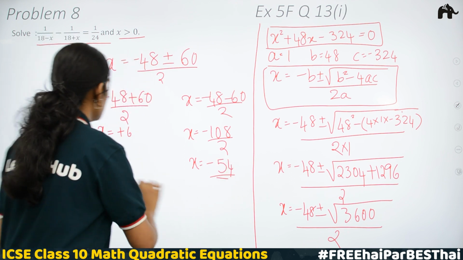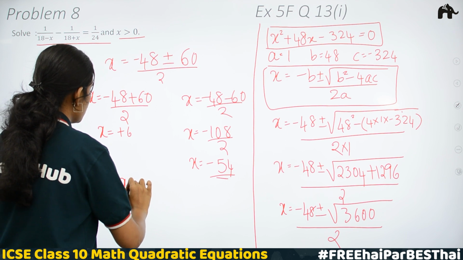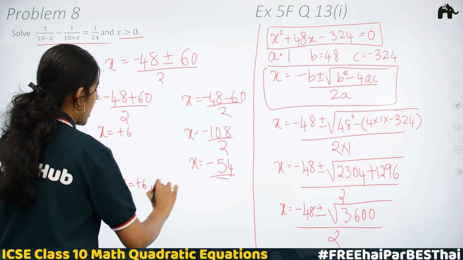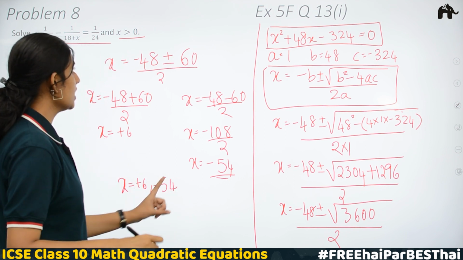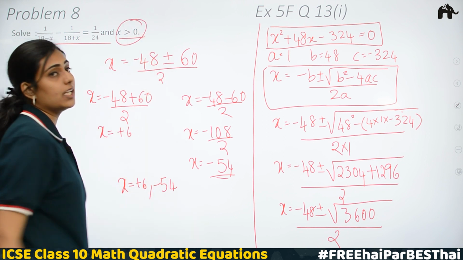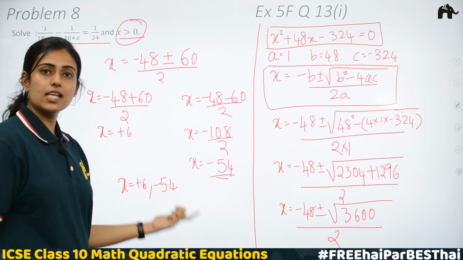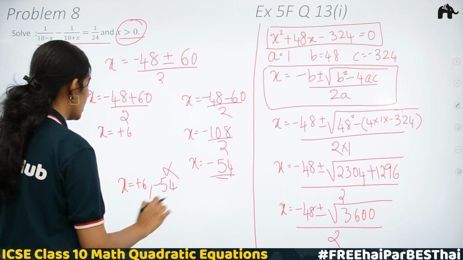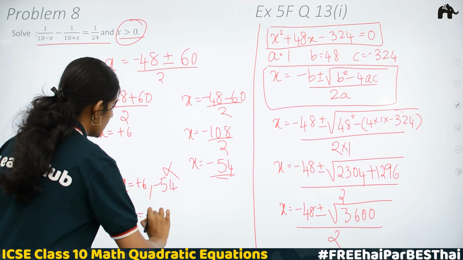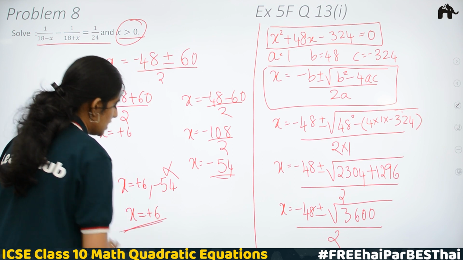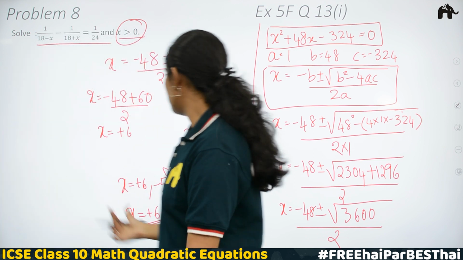So, the two possible values of x are plus 6 and minus 54. We have another condition, that is x should be greater than 0, which means we cannot take this negative number. Negative numbers are less than 0. Cancel this value. The only possible value of x is plus 6.